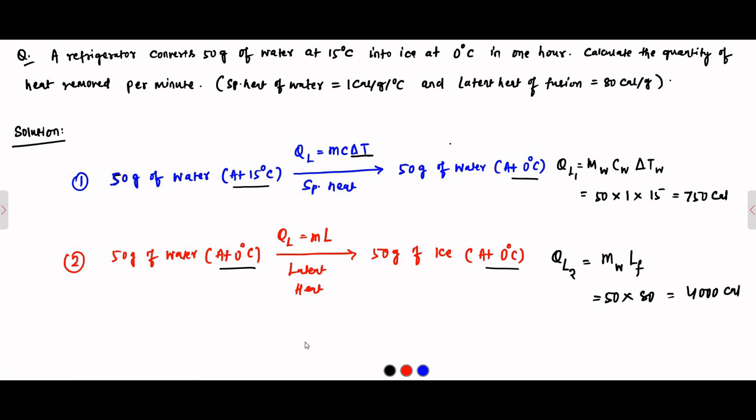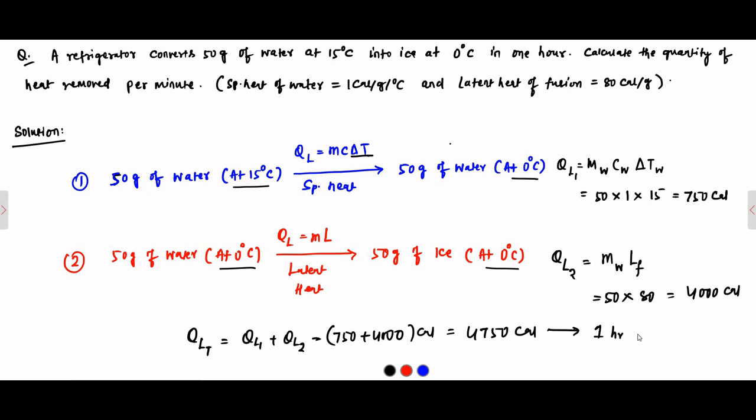So total heat loss is equal to the sum of the heat loss in the two steps, which is equal to 750 plus 4000 calories. That is equal to 4750 calories.